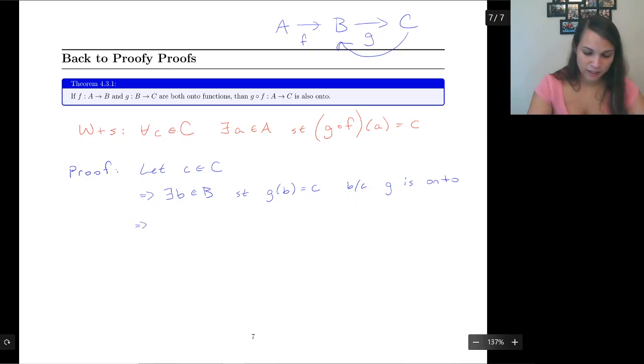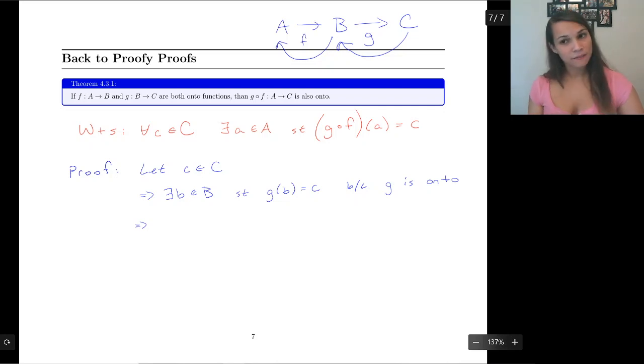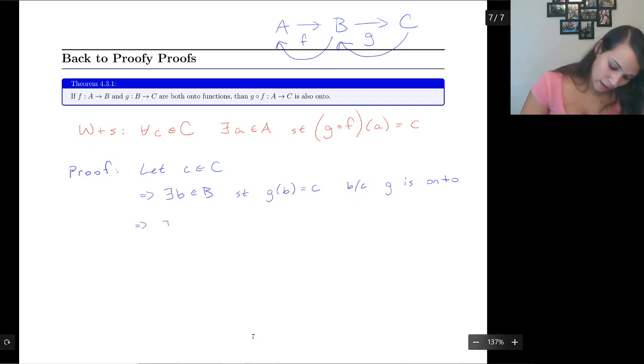But the same thing goes here. Everything in B is going to get mapped to by f because f is onto. So then there exists an a in A such that f of a is equal to b because f is onto.